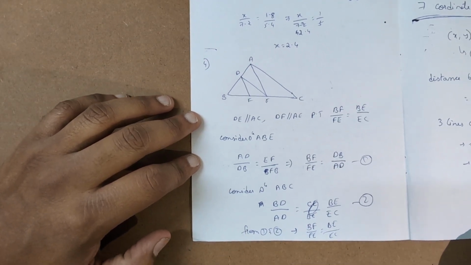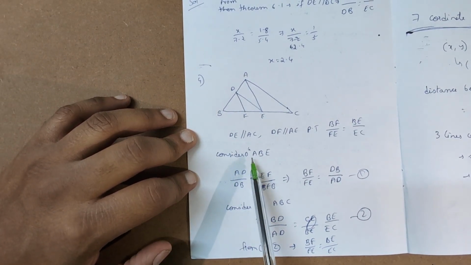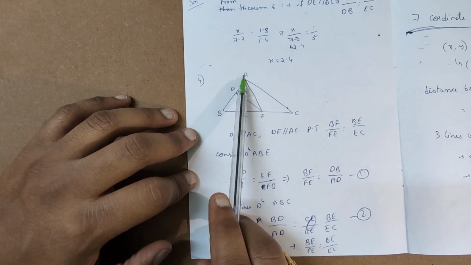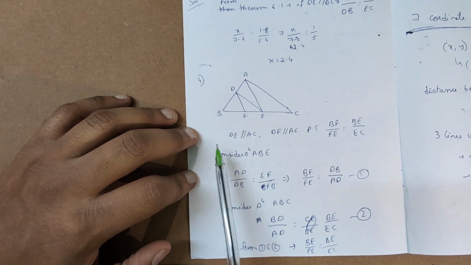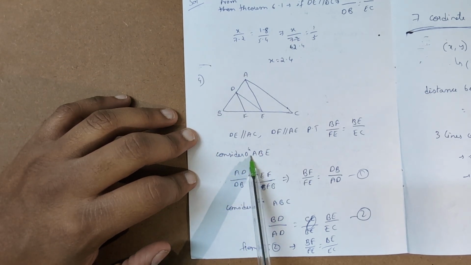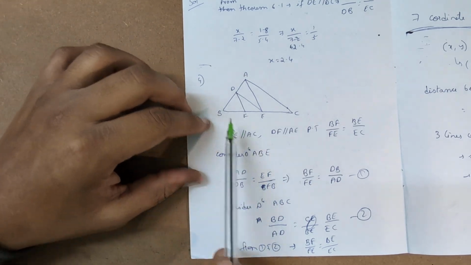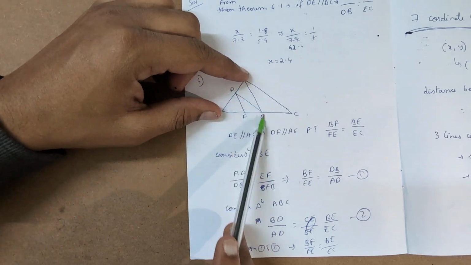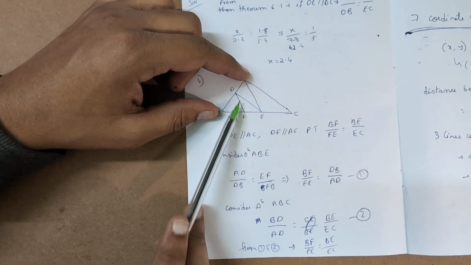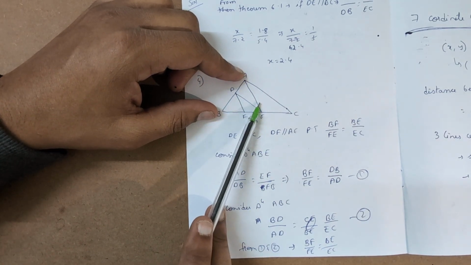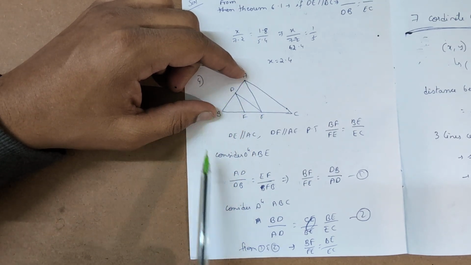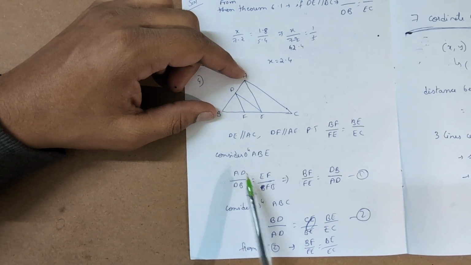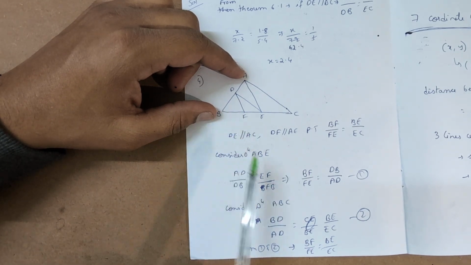For this, first let's consider triangle ABE, because of the first condition, DE parallel to AC. So we use triangle ABE. In this triangle we can see that DF is a line parallel to the third side, that is AE. So the ratio AD by DB is equal to EF by FB.